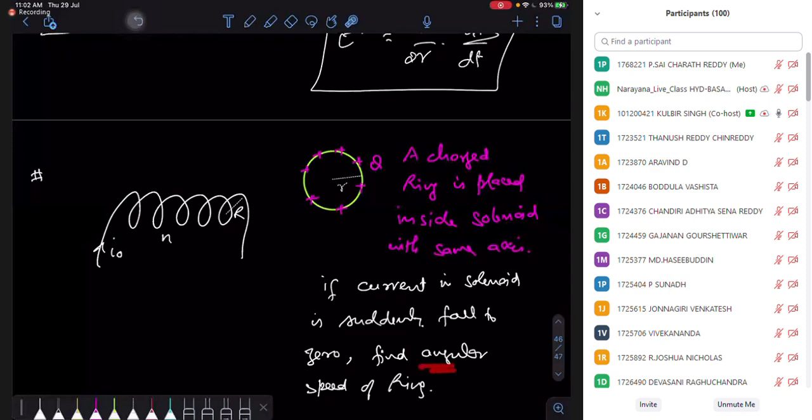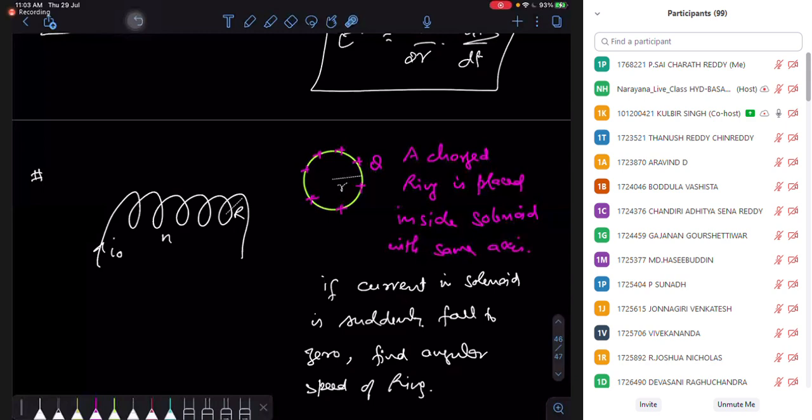The question itself has given you the idea. Almost half the solution is gone in the question. What I wanted to ask is, if I place a ring inside the solenoid and suddenly change the current, what effect happens on the ring? This ring begins to rotate.